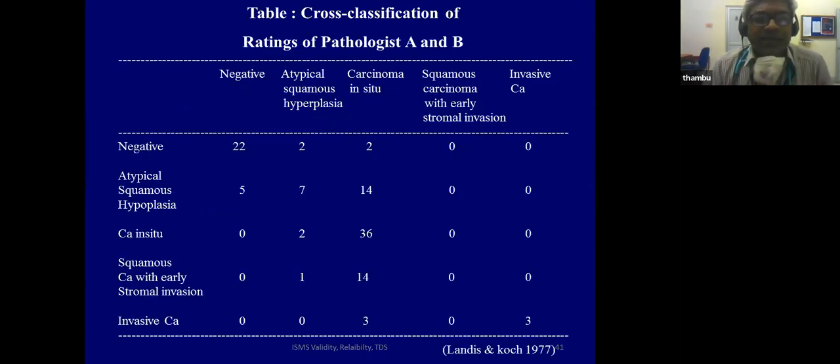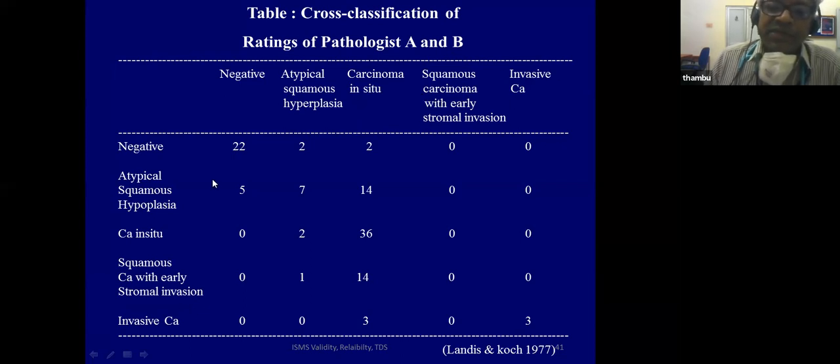So let's have a look at cross classification for this. Pathologists A and B are looking at cervical cancer. You can say cervical cancer is negative, or there's atypical squamous hyperplasia, carcinoma in situ, or frank squamous cell carcinoma, and then there's invasive cancer.